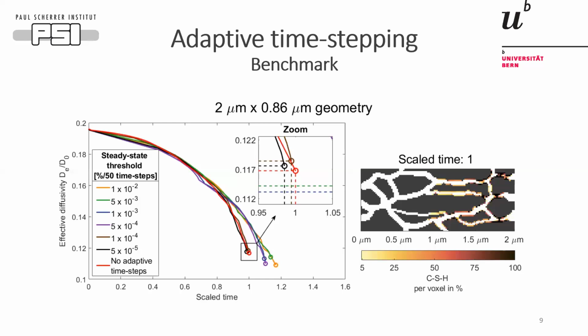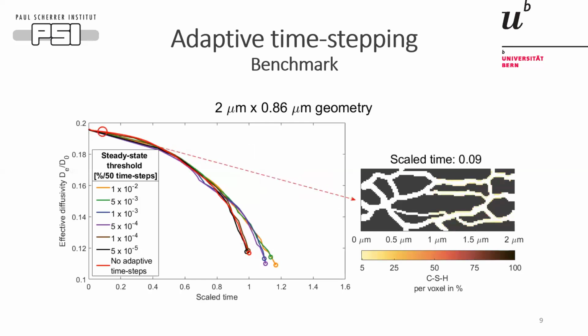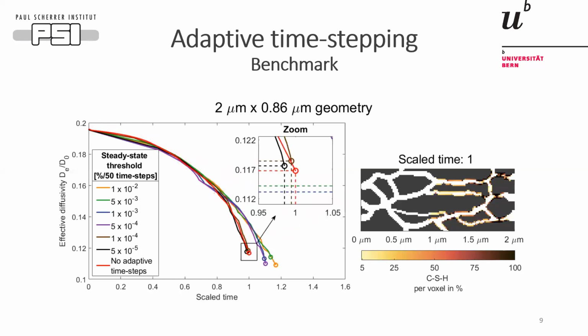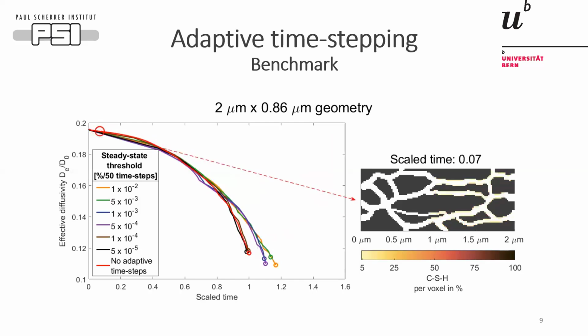So you can see that the simulations with steady state thresholds of 10 power minus 4 and 5 power minus 5 show a close resemblance to the red trajectory. This can also be quantitatively compared with the time of clogging, here the circles at the end. And both simulations reach relative errors below 2%.